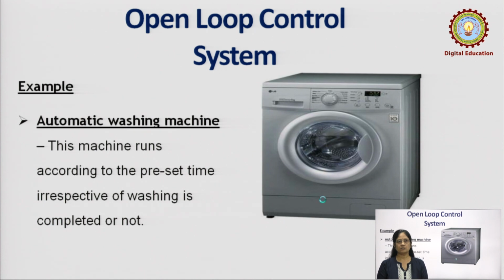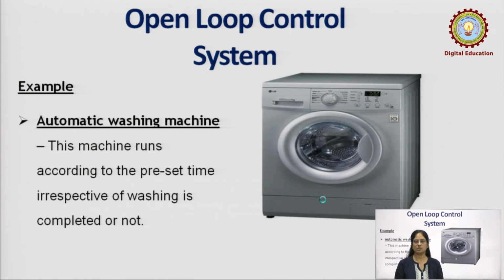Another example is our automatic washing machine. Now, we put in the clothes and the clothes are washed and come out, but irrespective of whether the washing is completed or not, a preset time is given, that the washing machine will run for a particular time, regardless of the kind of clothes put in. It is only decided by the time, a preset time.